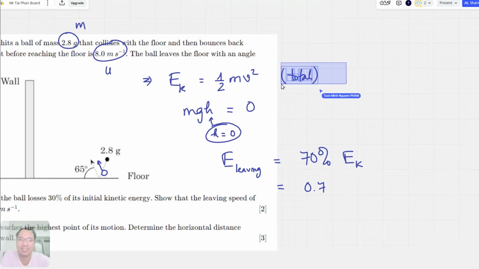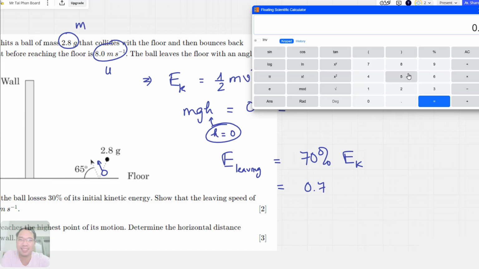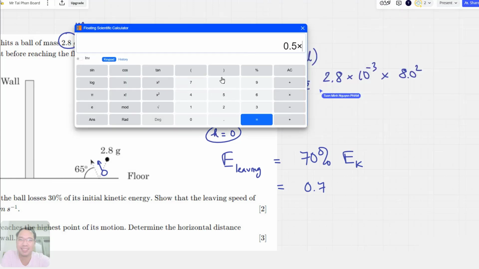The initial kinetic energy, calculate it. The mass is 2.8 grams. We need to convert into kilogram here, and then the speed is 8, squared. Now the energy: 1/2 means 0.5, times the mass, 2.8 times 10 to the power of -3, multiplied with the speed squared, 8 squared, which is 64.